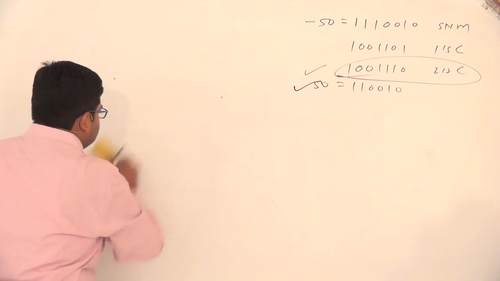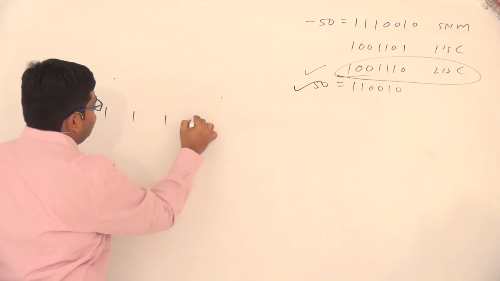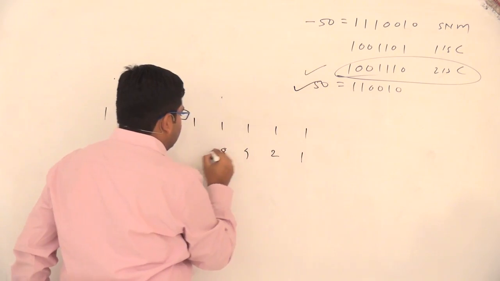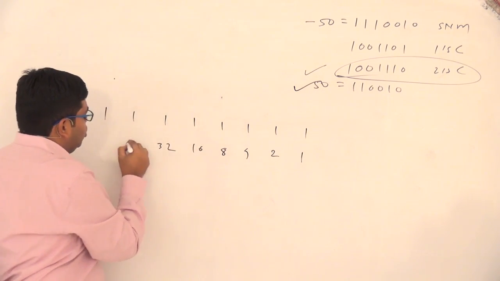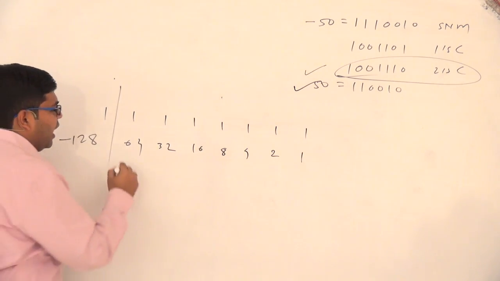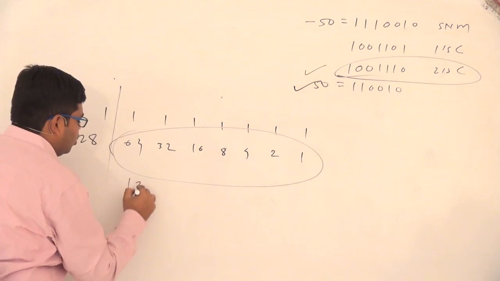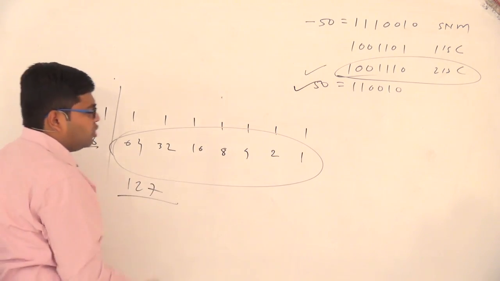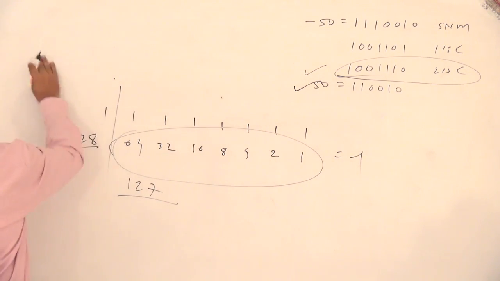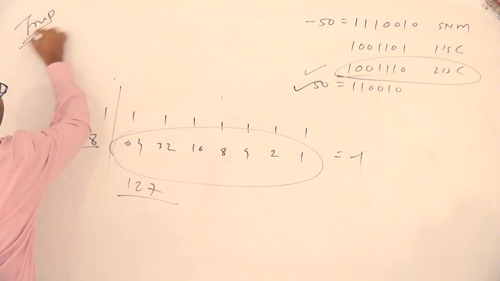Go for 8 bits, doesn't matter. The place values will be 1, 2, 4, 8, 16, 32, 64, and the last place value will be minus 128. Add all these numbers together, the result will be equal to 127. Minus 128 plus 127 will again come out to be equal to minus 1. And what is the important fundamental property?